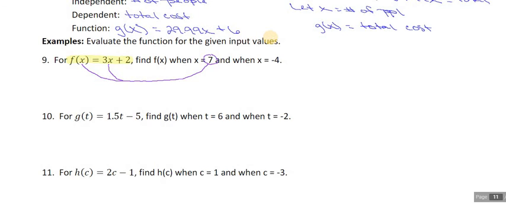So f of 7 is equal to 3 times 7 plus 2. This means the function value when x is 7 is equal to 3 times 7 plus 2. So we PEMDAS now. f of 7 equals 21 plus 2, so f of 7 equals 23.